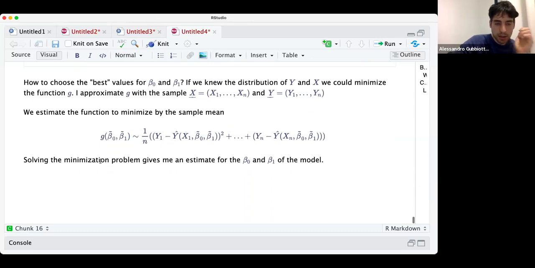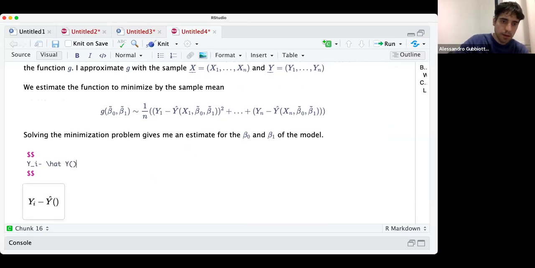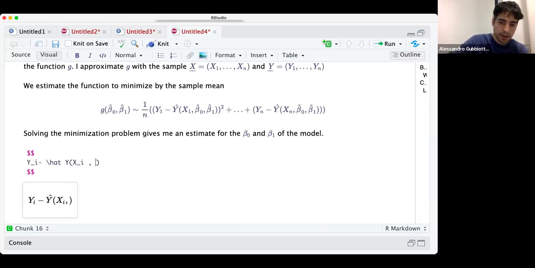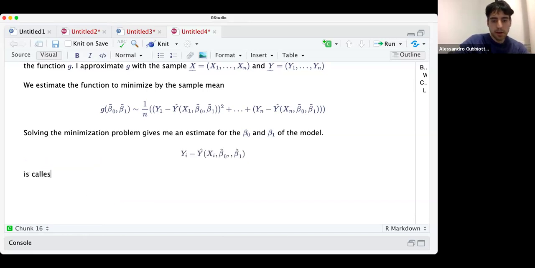Now, a little bit of nomenclature: yi minus the hat y computed at xi and at the tilde beta 0, tilde beta 1 is called the residual, the ith residual.